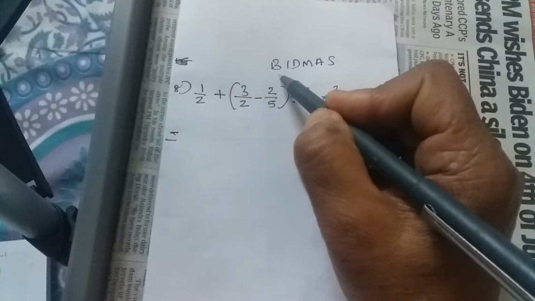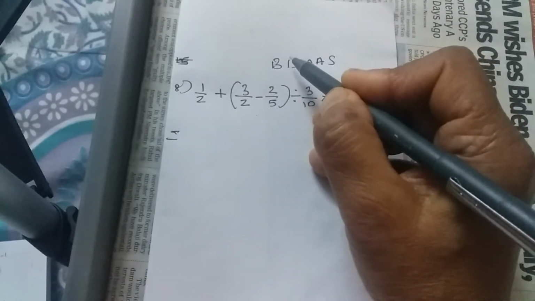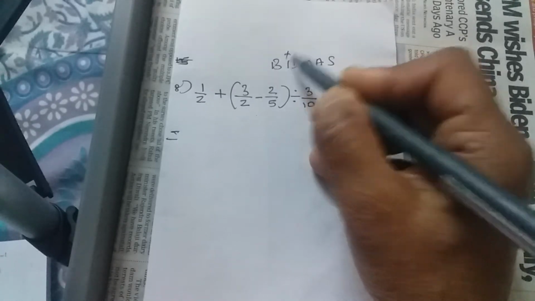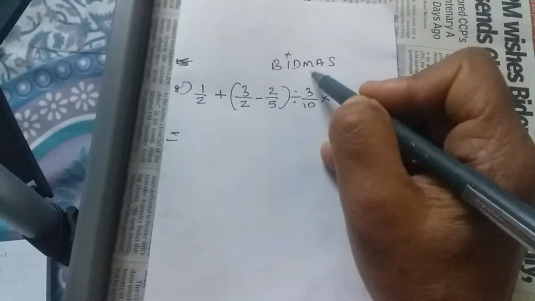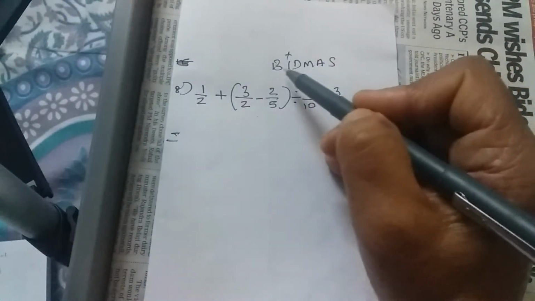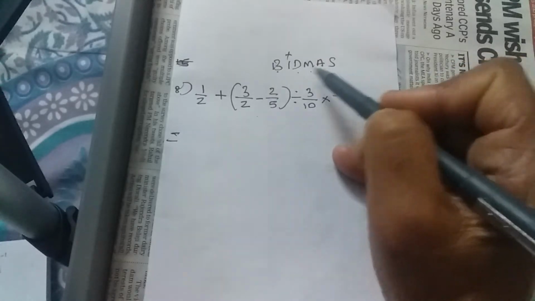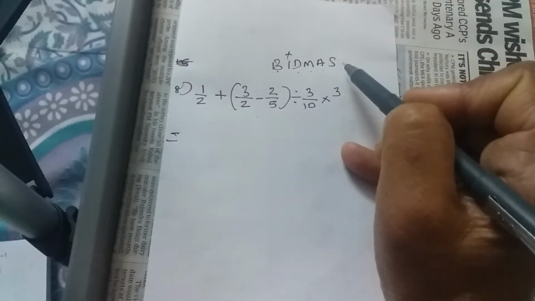B for bracket. We have to do within the brackets first. After that, I for indices, that means powers, that we will be learning later in the upcoming chapters of 8th standard. We'll leave it for the time being. Next, after brackets, we should do division, multiplication, addition and subtraction. This is the order we have to follow the operations.